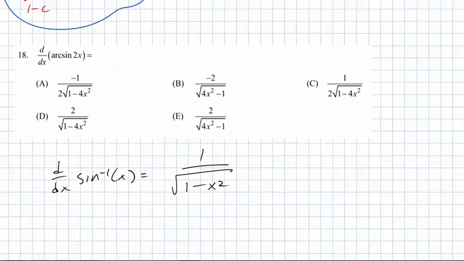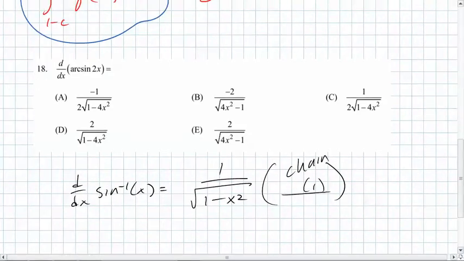Okay, so if that's the case, we can do the same thing, but instead of x, what are we plugging in? We're plugging 2x in. But if you plug 2x in, what's the invisible thing that's right here? The chain rule. You have to always remember that the chain rule is present, so in this case it's just 1, right? But if we're plugging in a 2x, what are we going to have to plug into the outside? The 2, exactly.